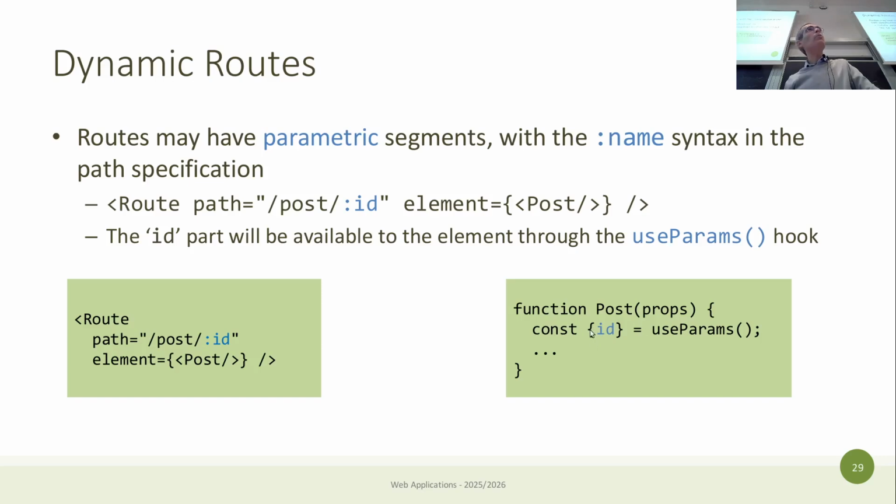So, why the brackets? Because it returns an object. We are not interested in the whole object, otherwise it's const object = useParams, object.id, okay? If you use this syntax, this is just JavaScript, you just extract the value of the ID key from the object that has been returned by useParams, okay? It's a very common syntax.